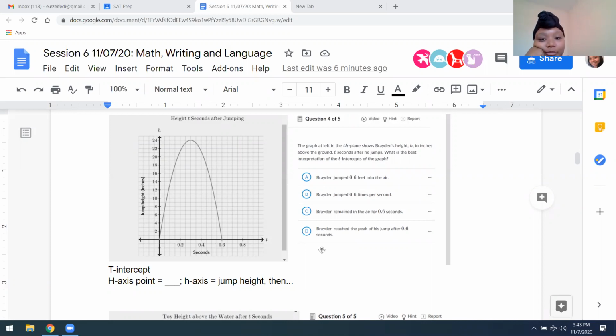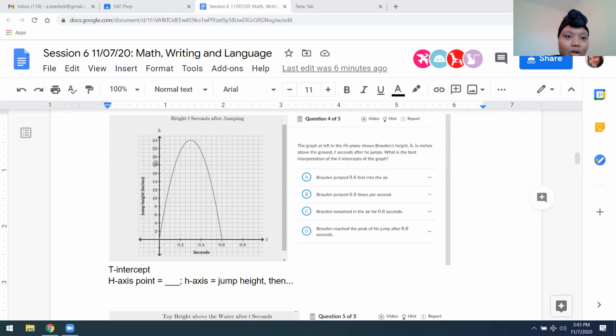And then Braden reached the peak of the jump. We already covered that. But just so you know, you have another way of looking at this. Let me just click off here. When we are deciphering what these graphs mean, we spend a lot of time looking at one problem in particular, because I want to give you different ways of looking at it. So we see that this is the jump height in inches.